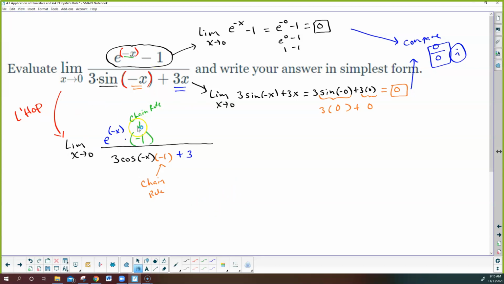So you can see why we studied all these derivatives. We need those facts, and we need to be really good with the chain rule to continue on with doing all this stuff. So now I'm not sure, and this is the part where I don't want to get in trouble, so I'm not going to put an equal sign. I don't really know if this is going to result in a 0 over 0 or infinity over infinity.